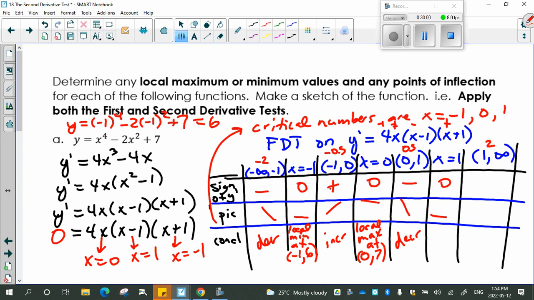I'm going to get 2, which makes everything positive. So we're increasing. So we have a local min at 1. And this is still going to be the same, right?